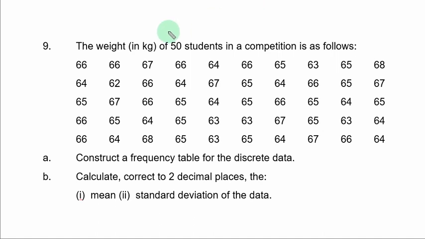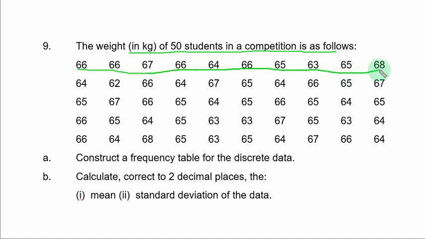Question 9. The weight in kilogram of 50 students in a competition is as follows. So you have for the first row 66, 66, 67, 66, 64, 66, 65, 63, 65, 68, and so on.